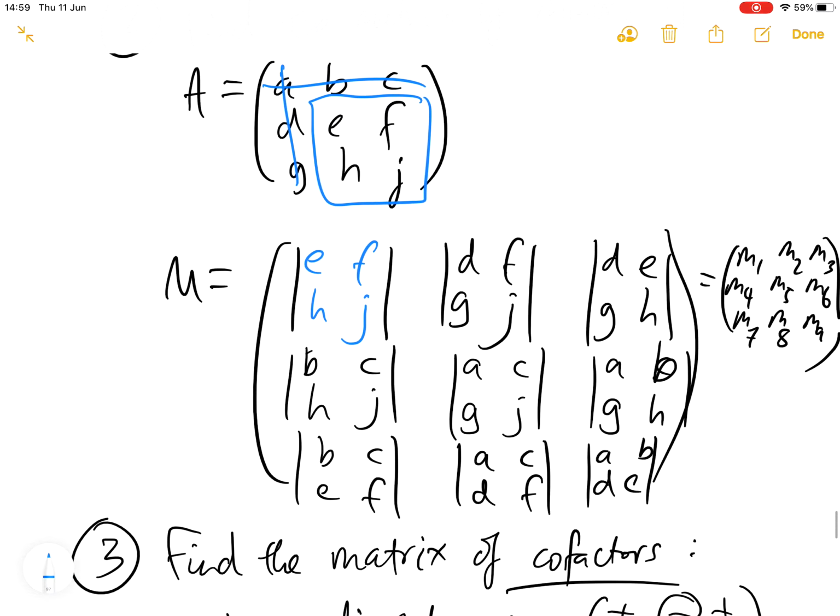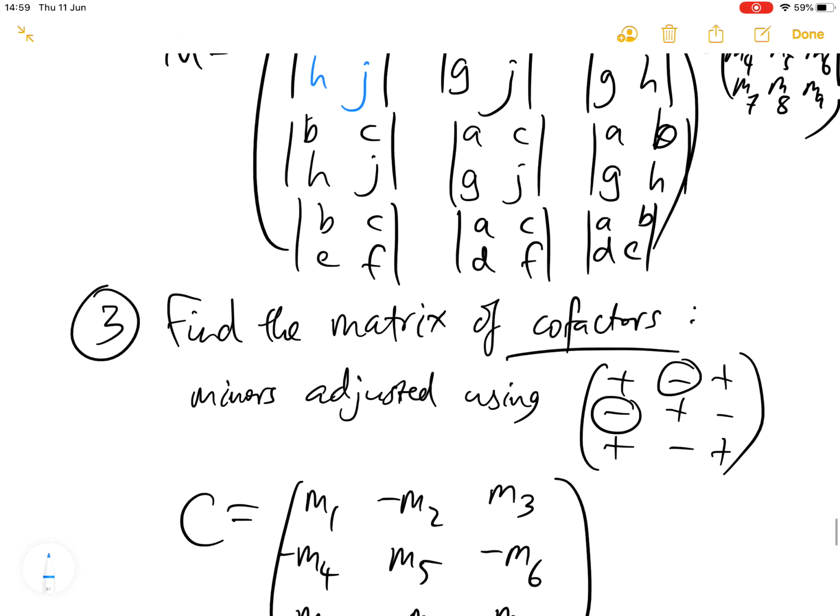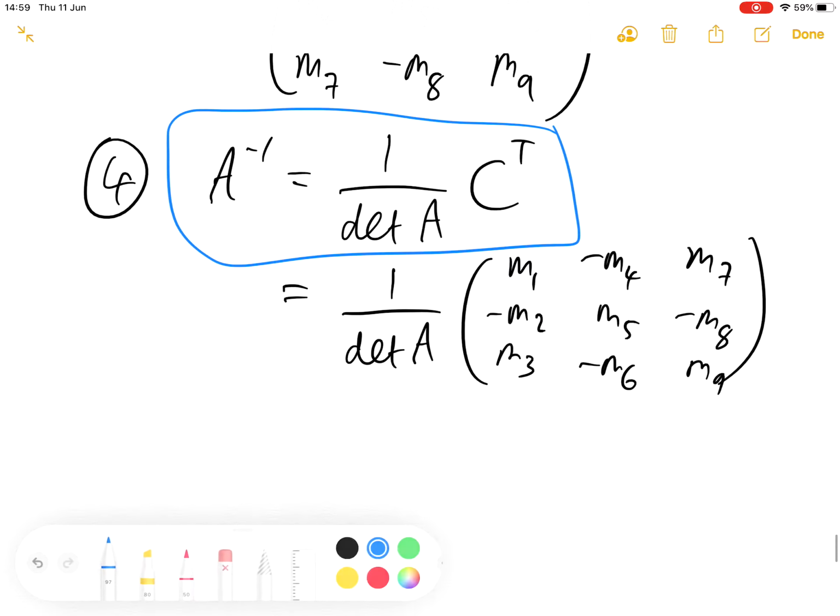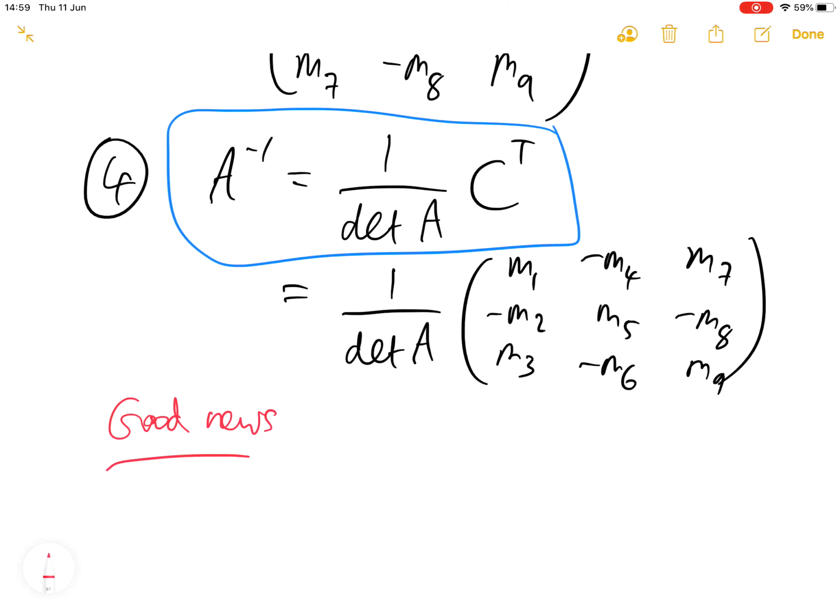So there's quite a lot going on here. There's a lot to do if you need to find the inverse of a 3 by 3 matrix. The upshot, the good news, is your calculator can do it if the entries are all given numbers.